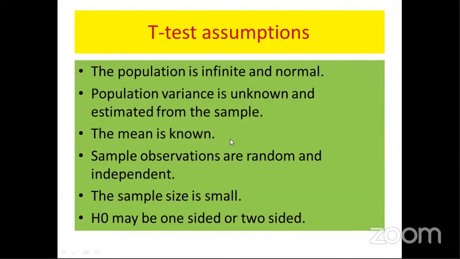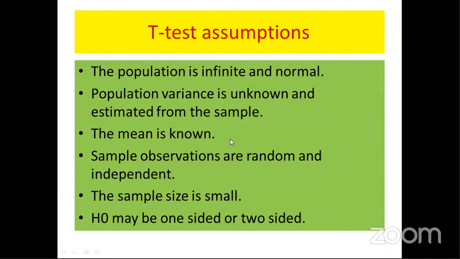And then sample observations are random and independent. In other words, you can use the t-test if the samples are selected in a scientific manner, or what we call probability sampling. And the sample size is small. So you use the t-test for small samples, and the z-test for large samples.